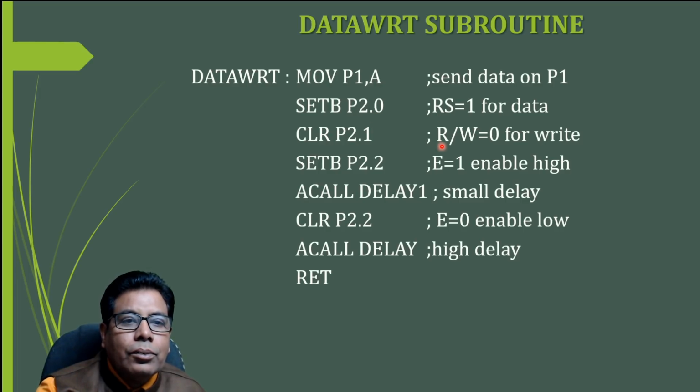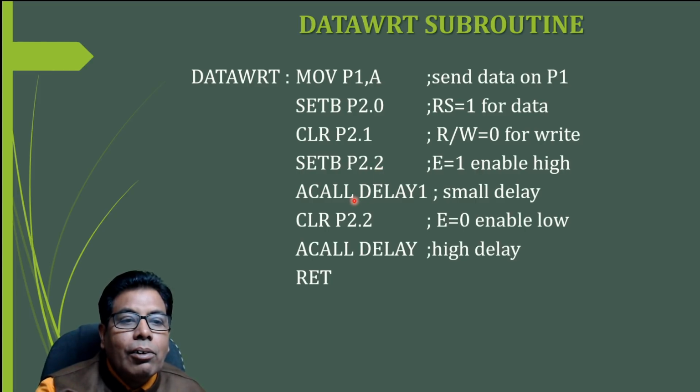And this RW should be 0 for the write operation. So we'll clear P2.1, because RW is connected to P2.1. Then enable. Now enable we will have to first make high. It is connected to port 2.2. So we'll set bit P2.2. So enable pin will be high.